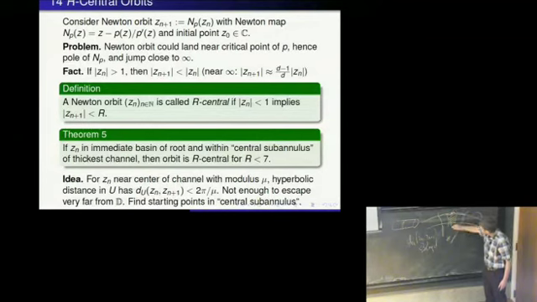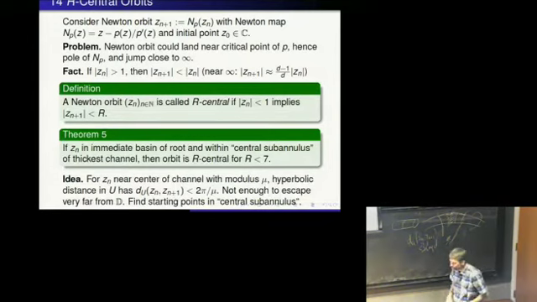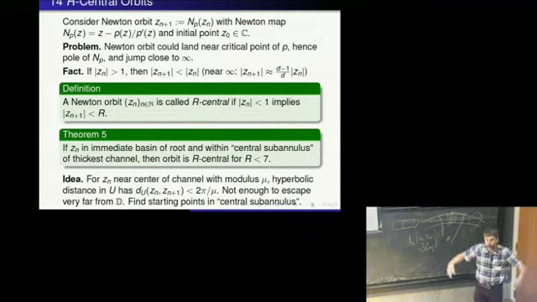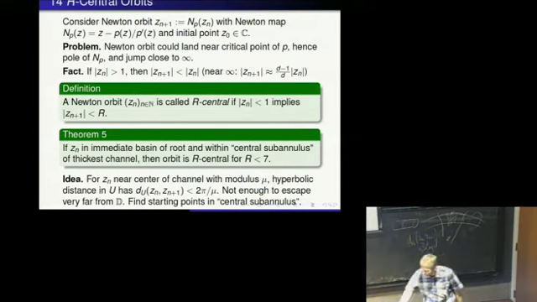So when you iterate towards the unit disk, then you have only one iteration to get away, because once you're away, you have to get back to the unit disk. And with bounded hyperbolic distance, you just can't get too far away from the unit disk. So it's a simple observation using the hyperbolic metric, but that gives you an explicit way to find starting points that have R central orbits, which will not escape too far over time.